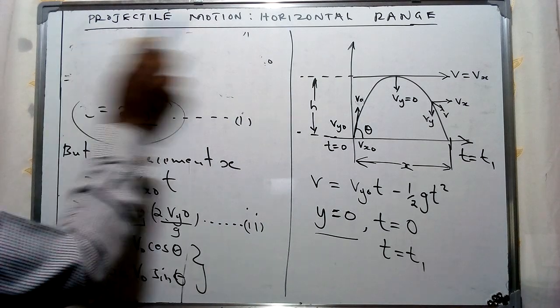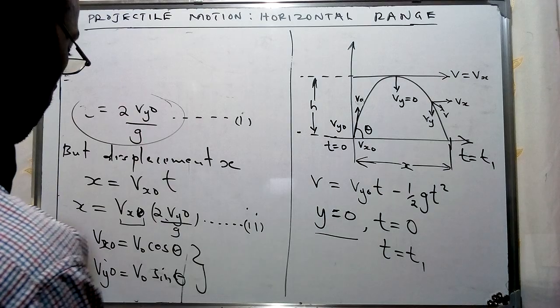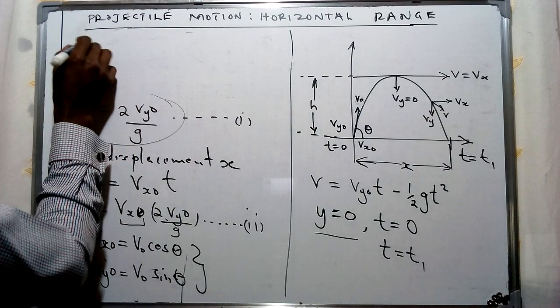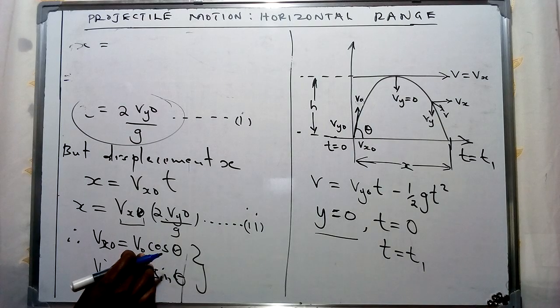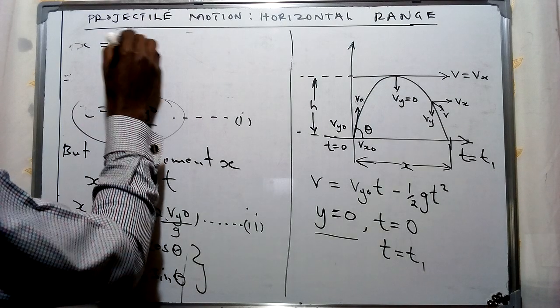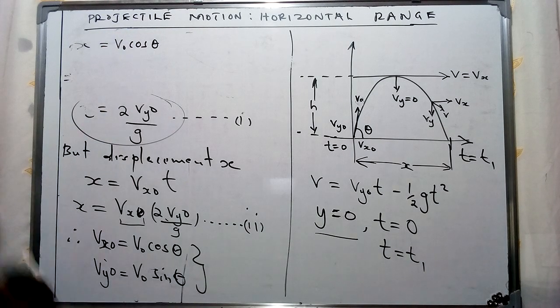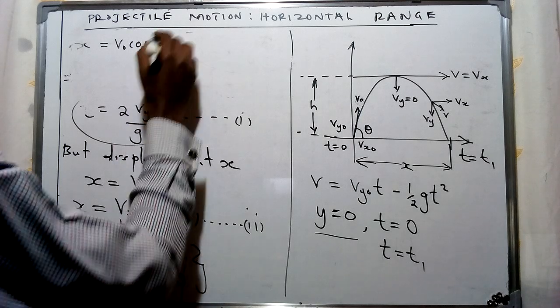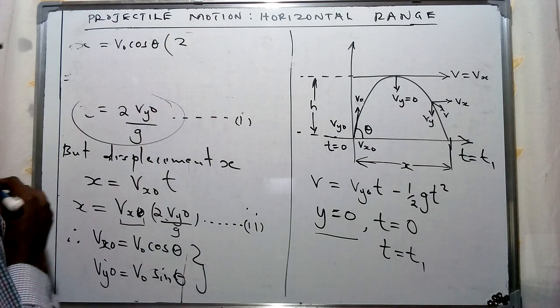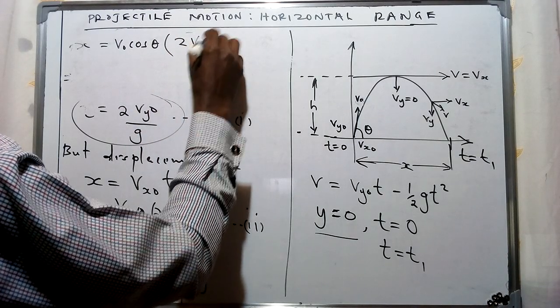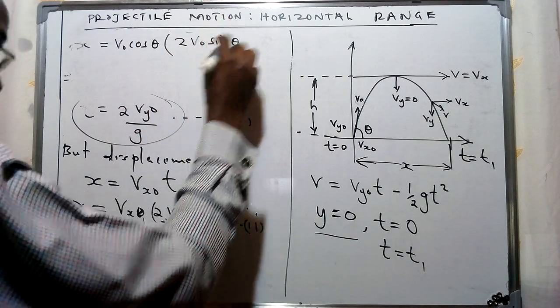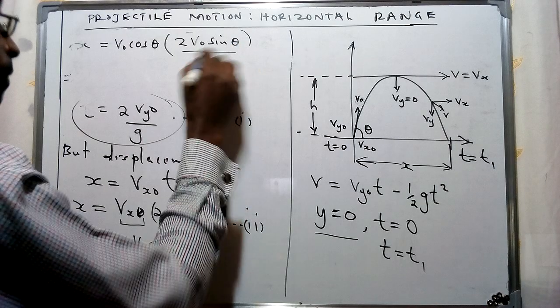That gives us the displacement, where vx naught is v naught cosine theta, and vy naught is v naught sine theta, all over g.